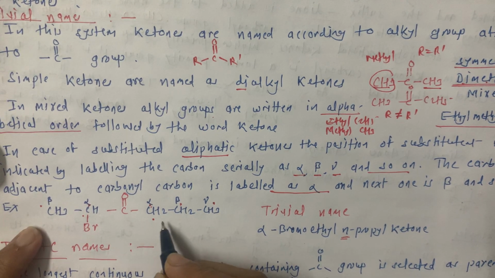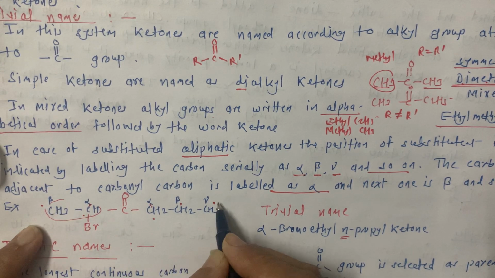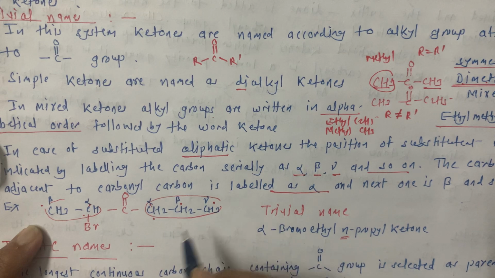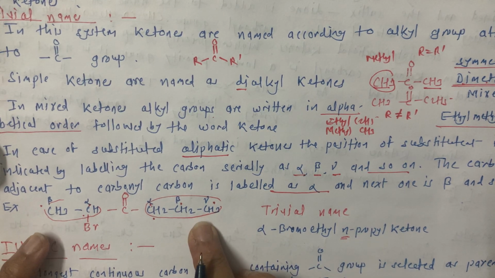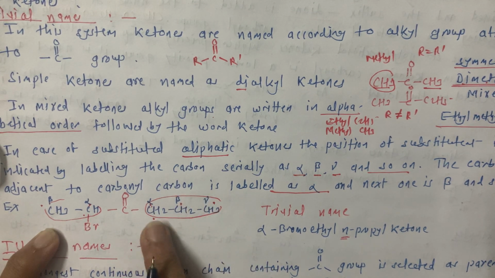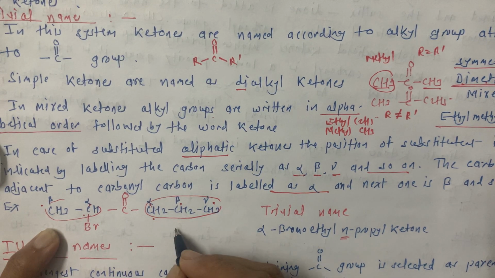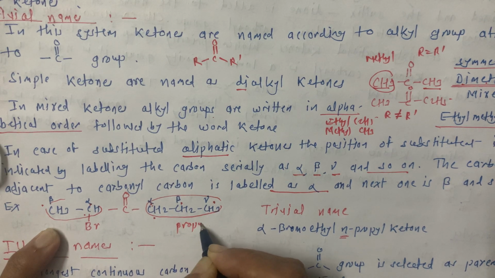See what is here. This is our which type of ketone? This is now our mixed ketone, because this alkyl group is different, this alkyl group is different. Okay, so what we have to think? First we have to count the number of carbon atoms. Here are 1, 2, 3. So this group is known as propyl group.